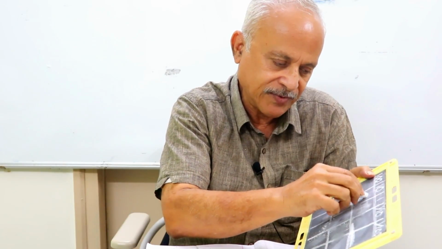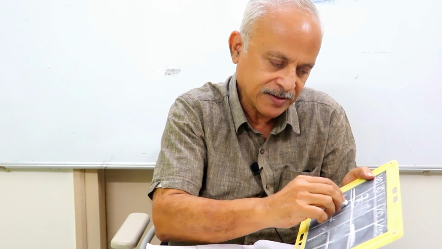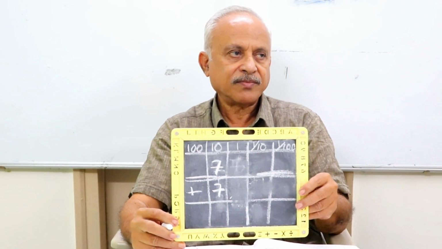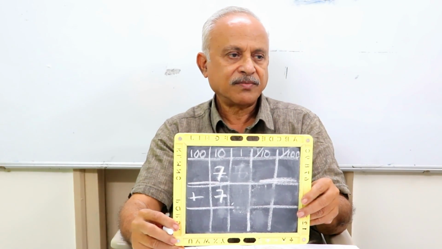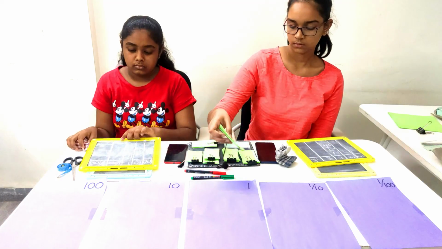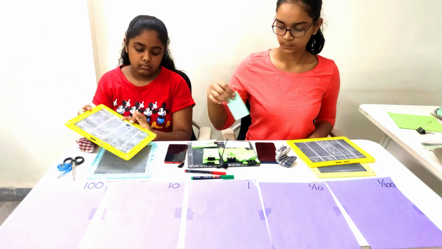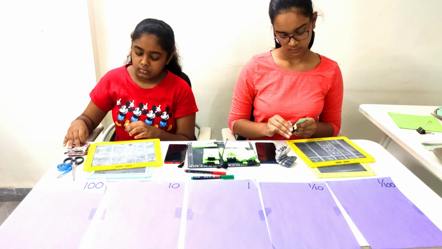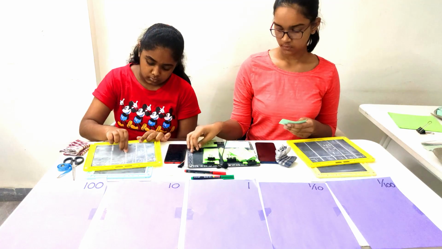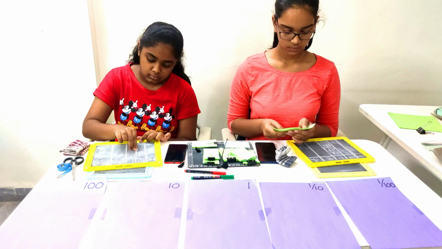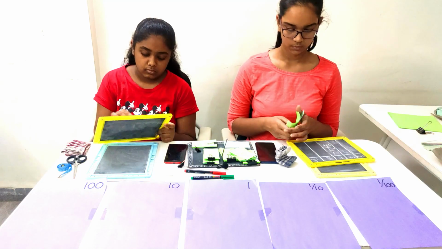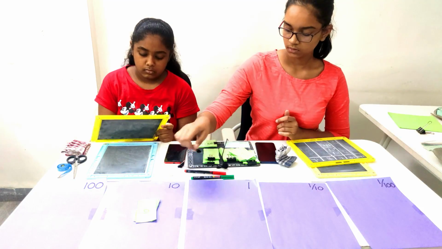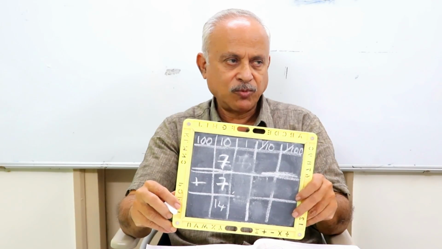with 7 tens added to 7 tens. Nandita? We have to add 7 more tens.